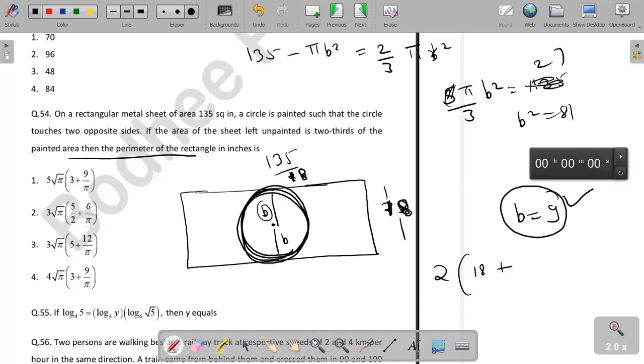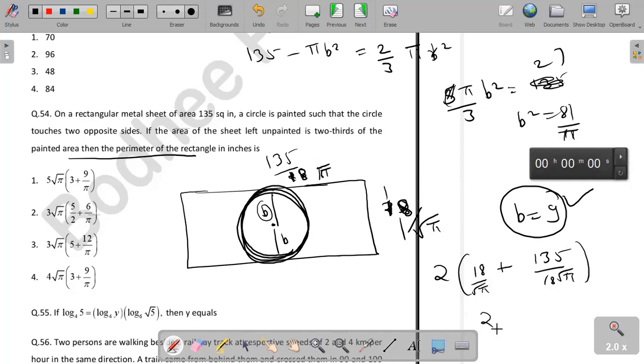Okay, so from here we get b square by pi, right? So that would be b is equal to 9 by root pi. So that would be 18 by root pi, and again here root pi. Okay, fine. Then root pi plus 135 by 18 root pi.